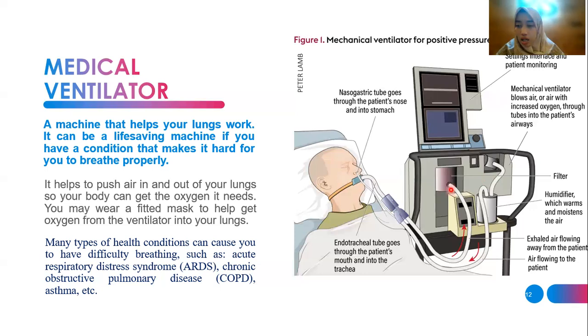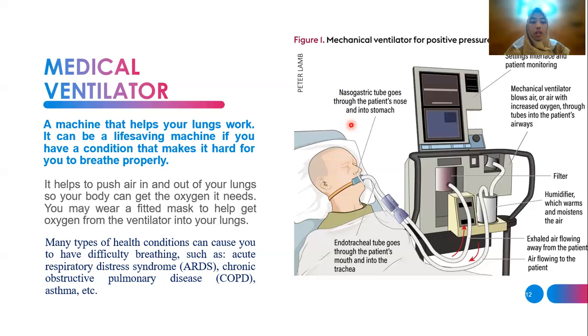It has a filter and a humidifier, which warms and moistens the air. There is a tube for exhaled air flowing away from the patient and a tube for air flowing to the patient. The tracheal tube goes through the patient's mouth and into the trachea, and a nasogastric tube goes through the patient's nose and into the stomach.